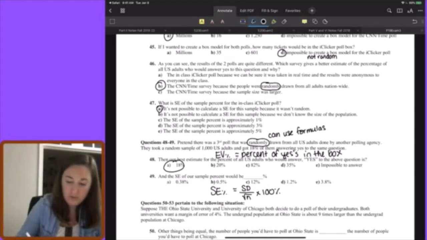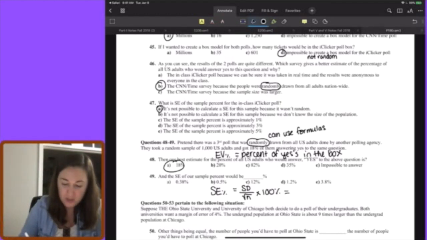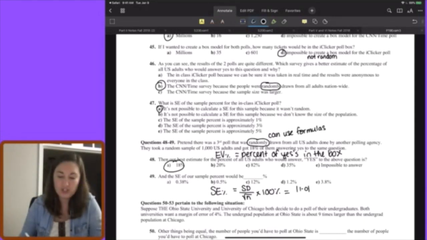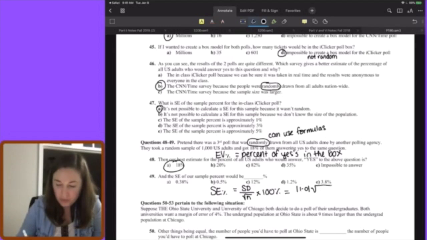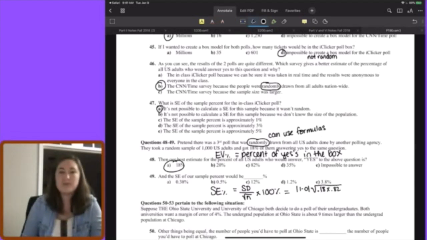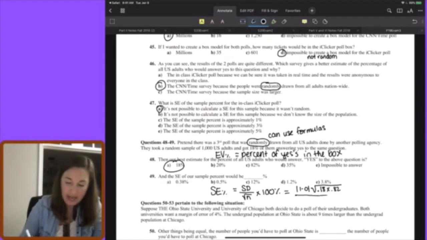So what I would do is, I'm just going to do this all in one step. So the SD is going to be the absolute value of 1 minus 0, because it's a yes or no question, times the square root of, there were 18% yeses, which means there were 82% nos. So there's my SD. My n in this case is 1,000.